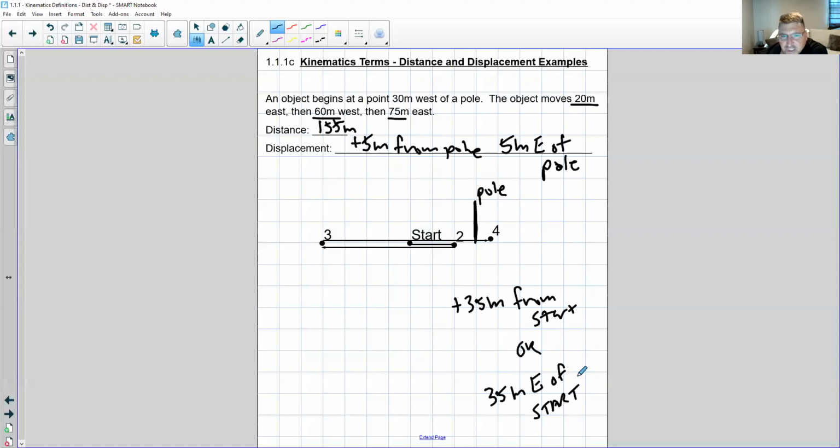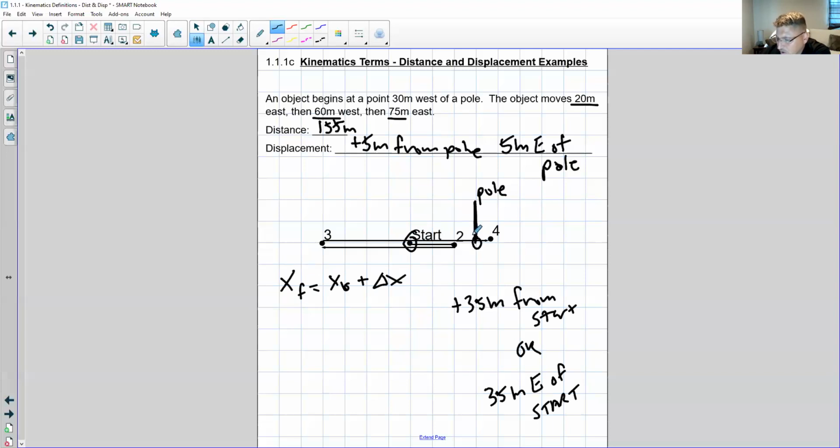Our displacement or change in position is allowing us to figure out what the final position is. So our final position is our initial position plus any changes. Well, what's our initial position? Are we calling the start 0, or are we calling the pole 0?